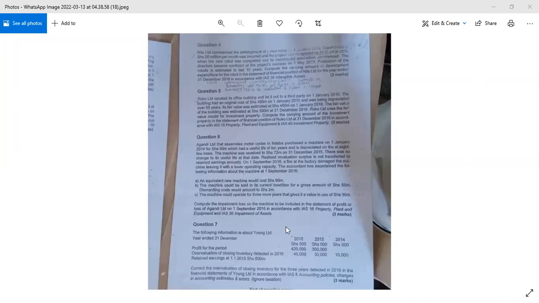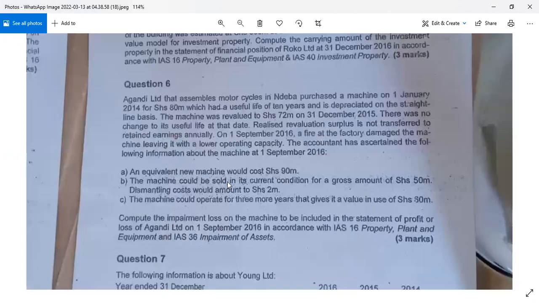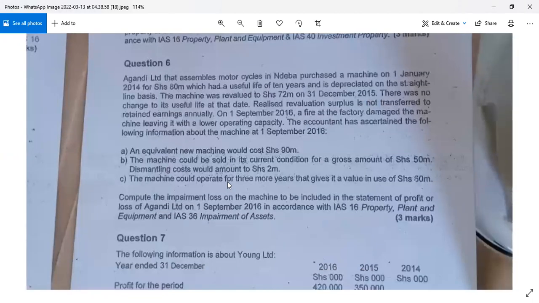All right, so we can continue from where we stopped. So this is IAS 36 impairment loss. And I hope this is the question. There's a question here, question 6. I don't know which year it is, I also just put it randomly.